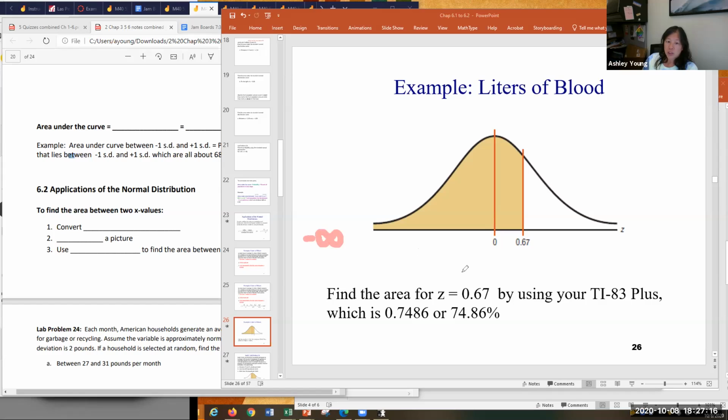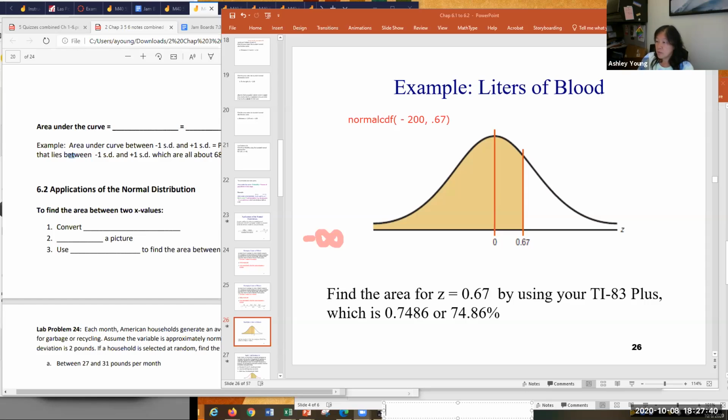So use any large number you want. So I will probably do something along the lines of normal CDF of negative, I don't know, 100 or 200, comma, 0.67. Let's see what I get if I do that.